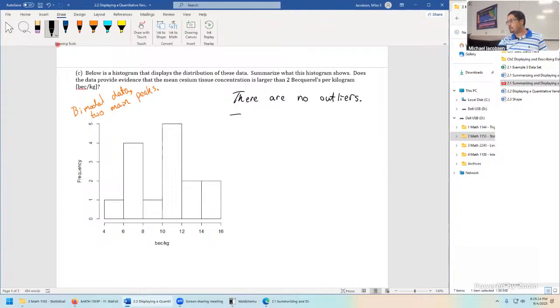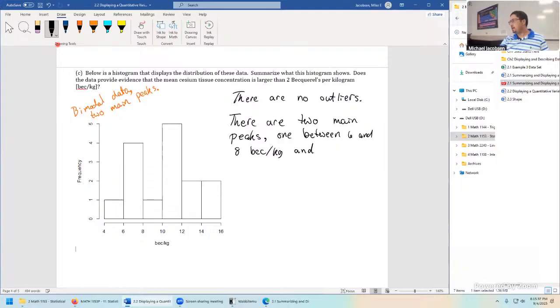So let's say here, there are two main peaks. One between 6 and 8 becquerels per kilogram, and one between 10 and 12 becquerels per kilogram.